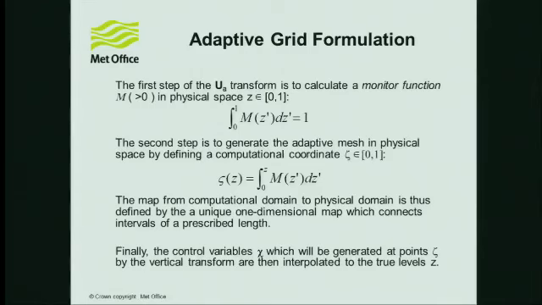And the map from computational domain to physical domain is defined by this unique one-dimensional map that connects intervals of prescribed length. So finally, what we need to do is to interpolate the variable in control space, which will be generated in this zeta, onto the true levels in physical space.